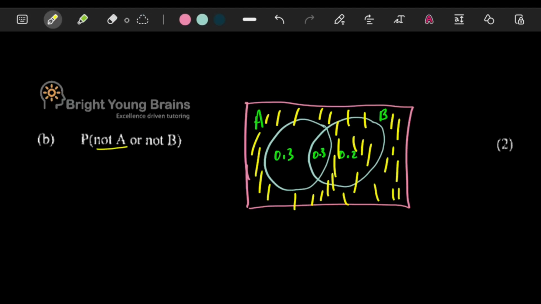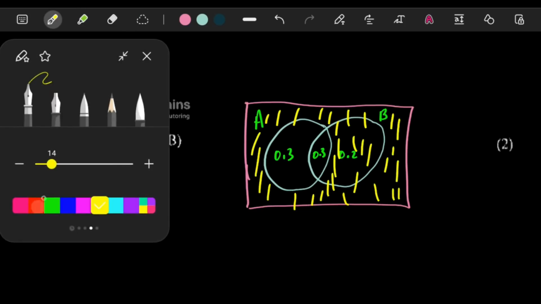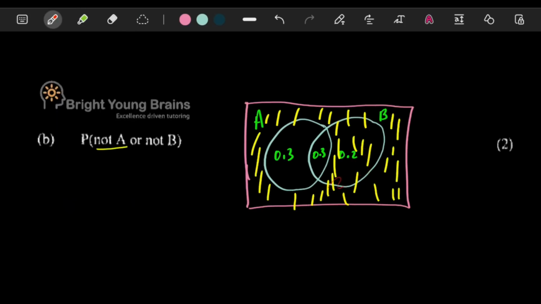And then you want to ask yourself, what is not B? So not B is basically the red part. You see, everything that is, let me make it horizontal.